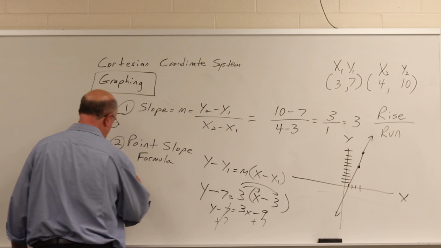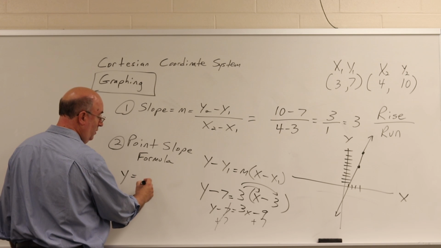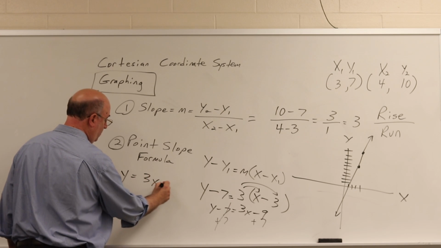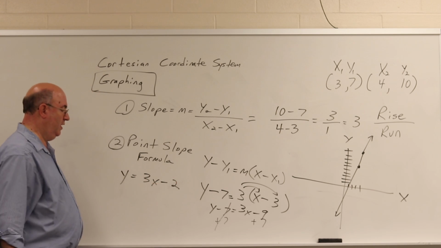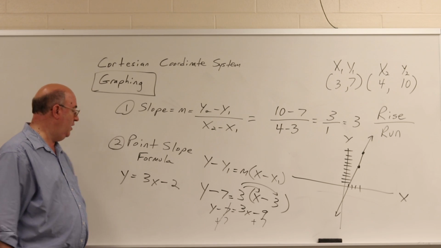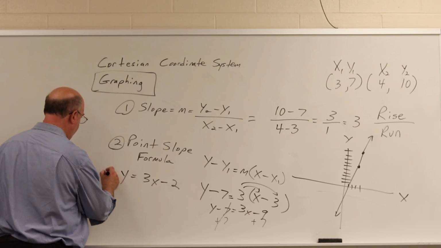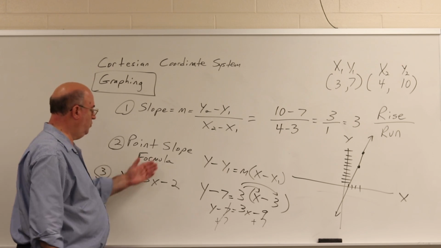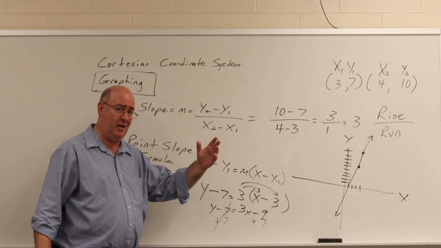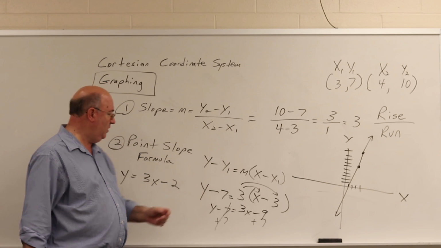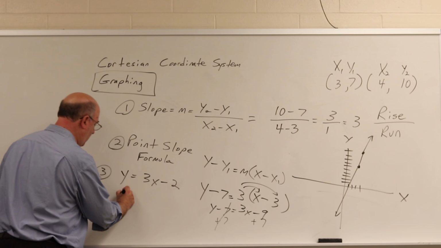And then we wind up with y equals 3x minus 2. Minus 9 plus 7, 7 minus 9, minus 2. So once we hopefully glide through the point slope formula, we wind up with the equation of a line.